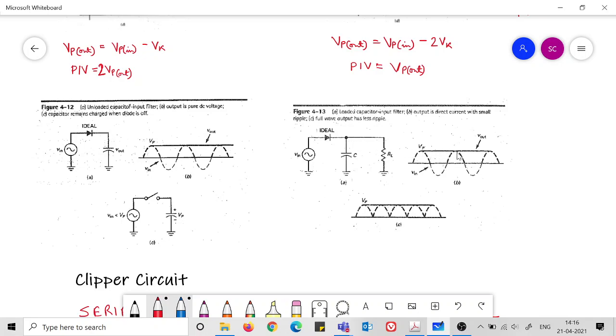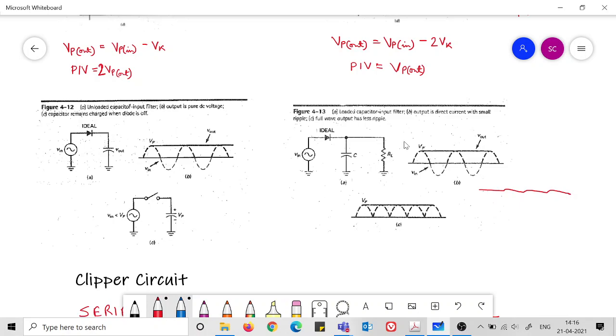So this line, which appears almost straight because of the picture in the book, is actually not so straight, it is like this. So some ripple is there. Okay, so it should be like this.